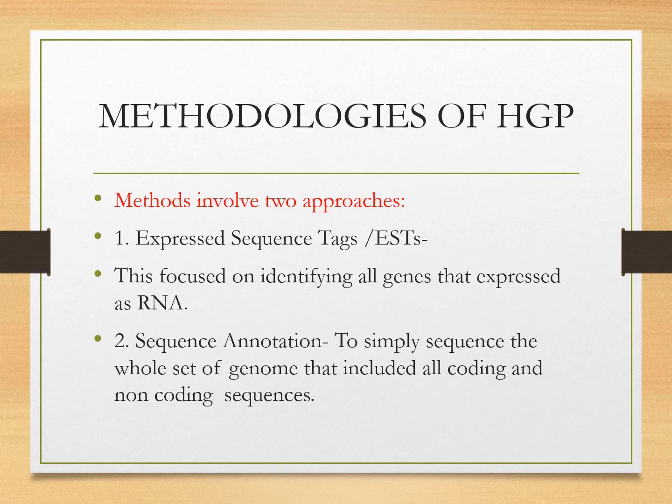Now, methodologies of HGP. What were the methodologies used in the HGP? Before we go to the methodology, let us see which approaches were involved. First, there are two important approaches. One is ESTs, that is expressed sequence tags. This focused on identifying all genes that are expressed as RNA.